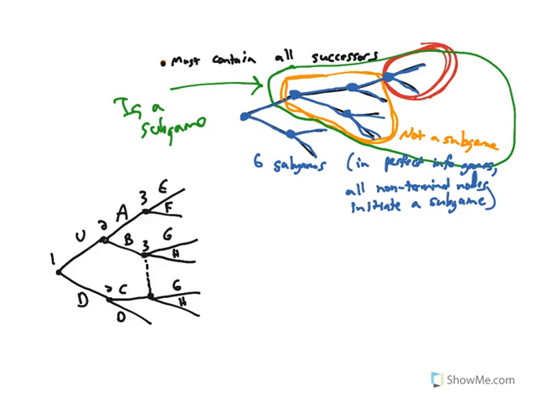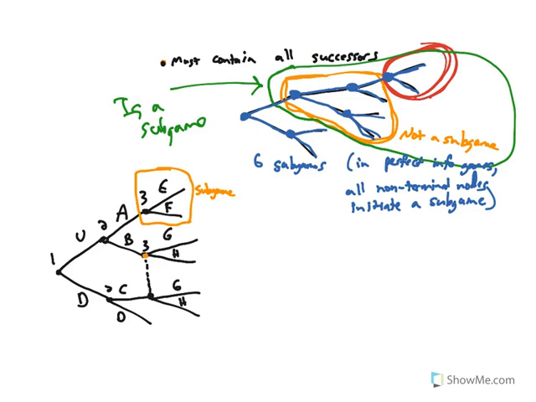Okay. So what are the subgames of this game? Well, here's a subgame, right? It starts at a node that doesn't have a dashed line through it, and it contains all of its successor nodes, so subgame. Okay. Does this node initiate a subgame?